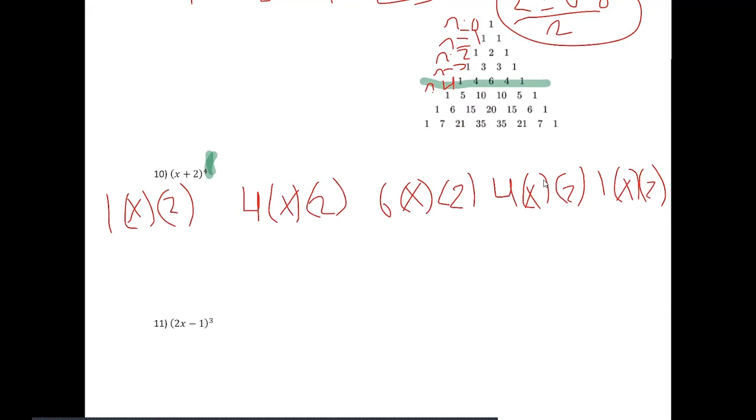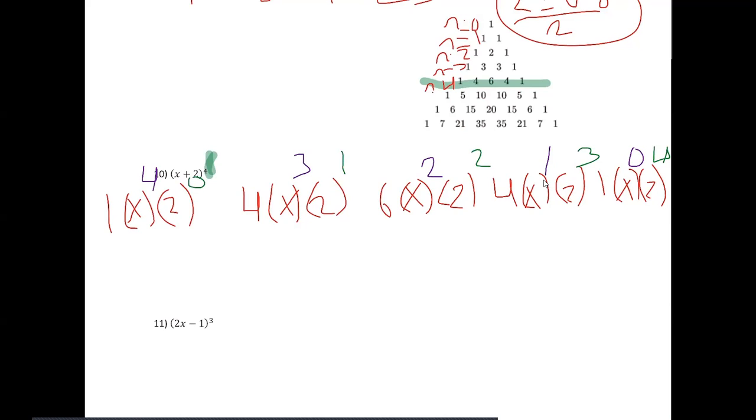With your first set of parentheses, your power starts as the same and it goes down by 1 each term. For your other set of parentheses, it starts at 0 and it goes up by 1 each term. So then we just need to clean this up to get our final answer.